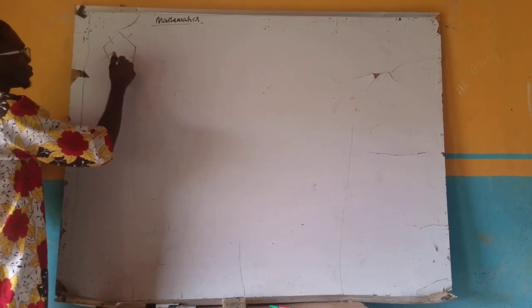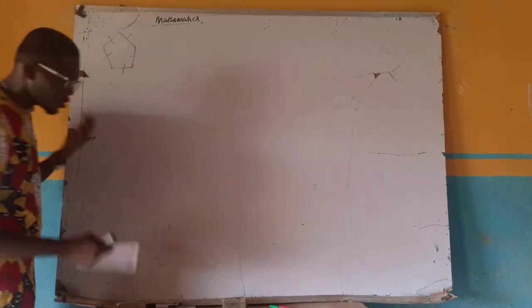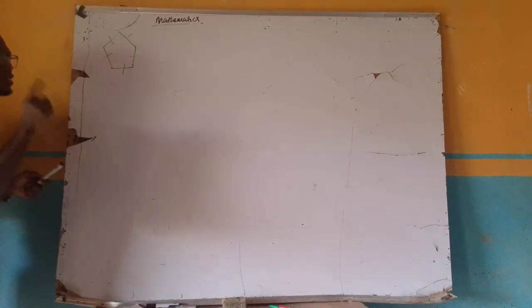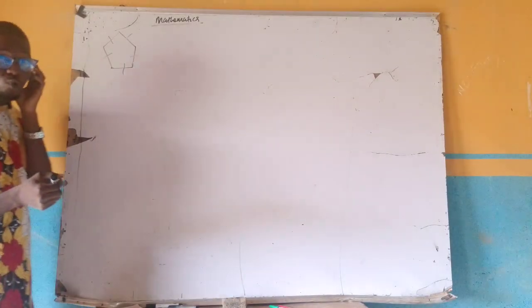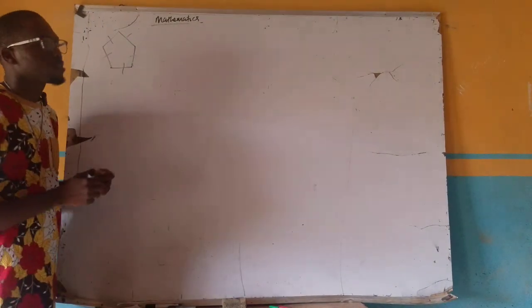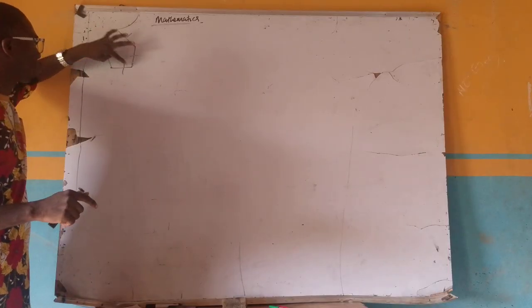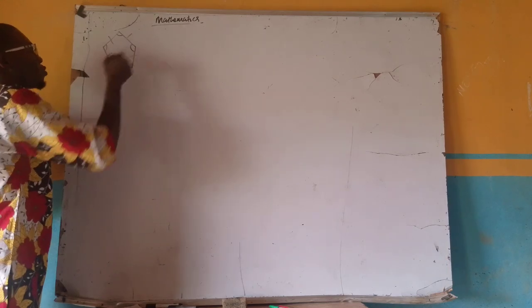Now they told us that we should find the sum of angles. That's the first thing I'm going to do. What do we mean by sum of angles? Sum simply means plus. This plus this plus this plus this. Remember, these are all the angles. When all these values come together, what is the answer?